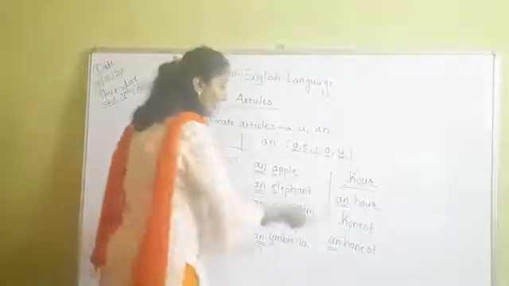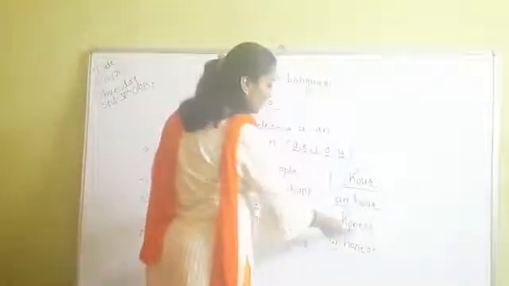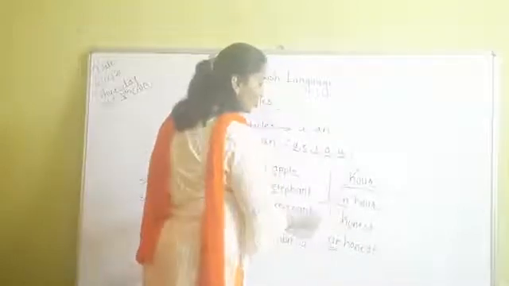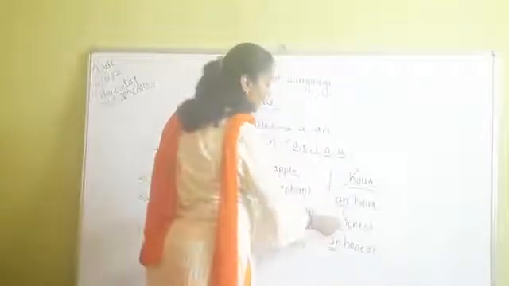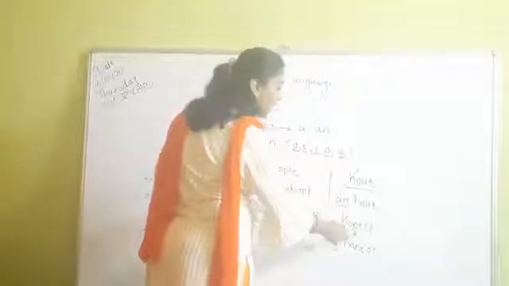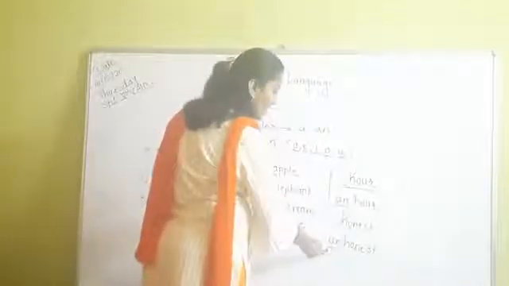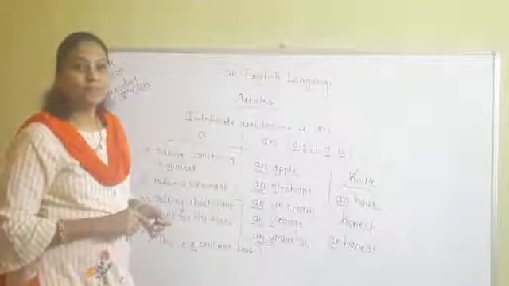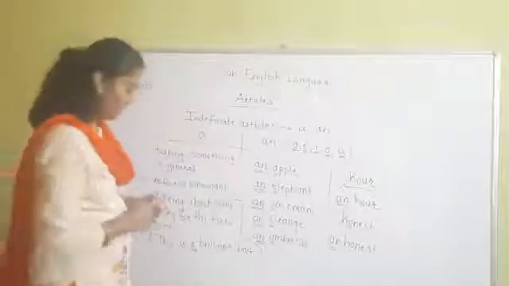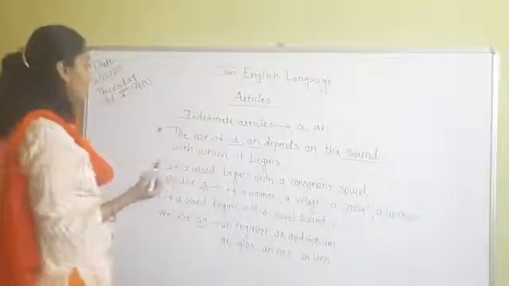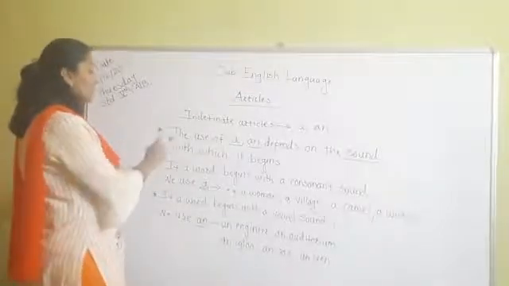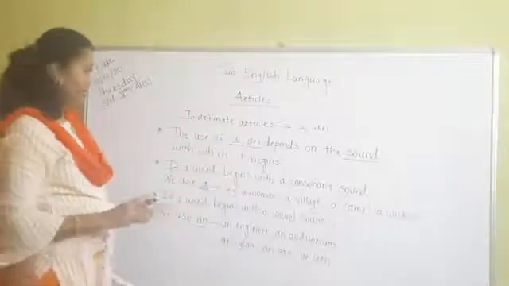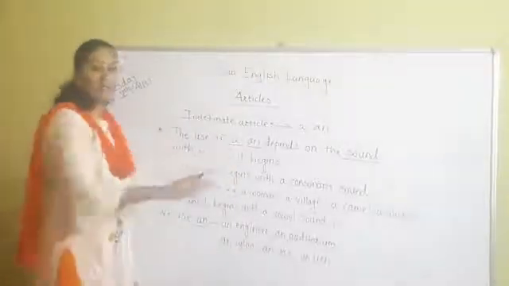Okay? Here also in the word honest, we are not pronouncing H because H is silent here. So we are saying honest and for that we are using an before the word honest. So have you understood? Now let's move forward. Now students, see, the use of a or an depends on the sound with which the word begins. Okay?